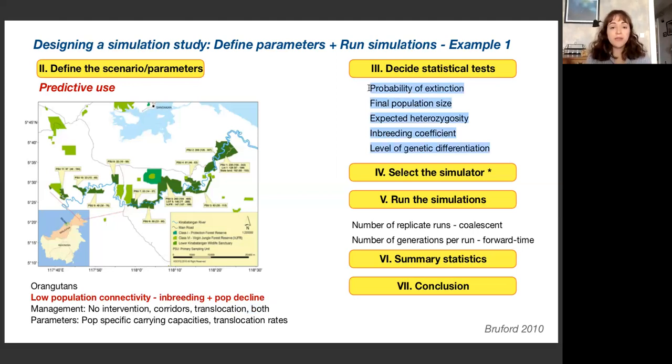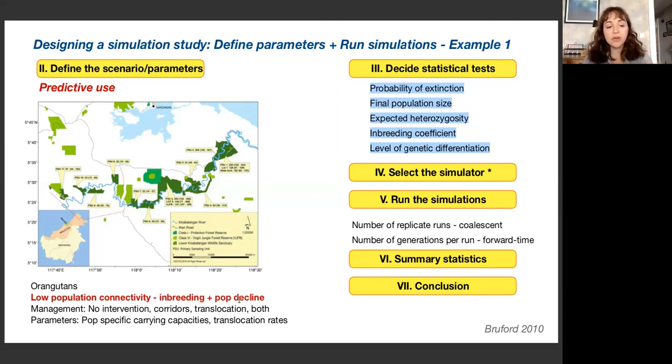As you can understand from this part, the statistical tests that we run on the simulated data depend on the purpose of the study. Since here the aim is finding a management strategy, they simulated scenarios without intervention, with migration corridors, with translocation, and with both combined.